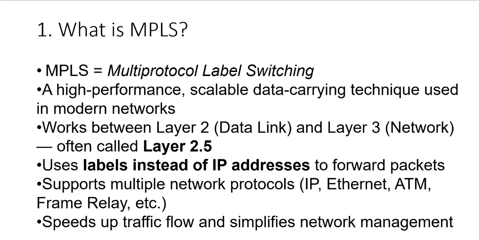We also need labels. The advantage of using a label is there is no need for reading the entire IP layer header in the incoming packets. Just by looking into the 32-bit MPLS header, routers can determine the exit interface and the gateway.